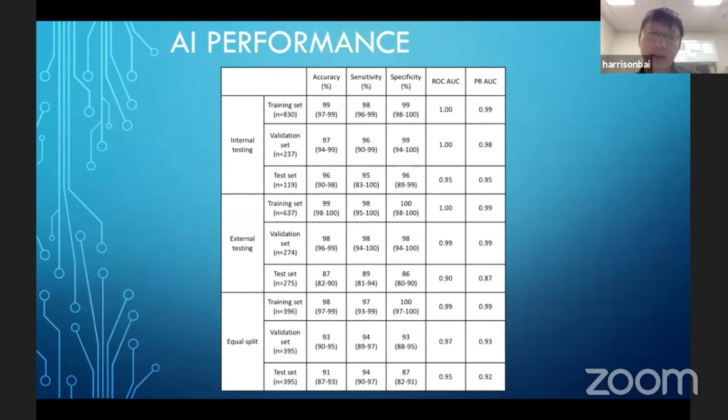So we instead tried to split our data set approximately equally among the training, validation, and test sets, and we see that the performance for the equal split is somewhere in between the internal testing and external testing. So we think that probably both factors affected the drop in performance on external testing.